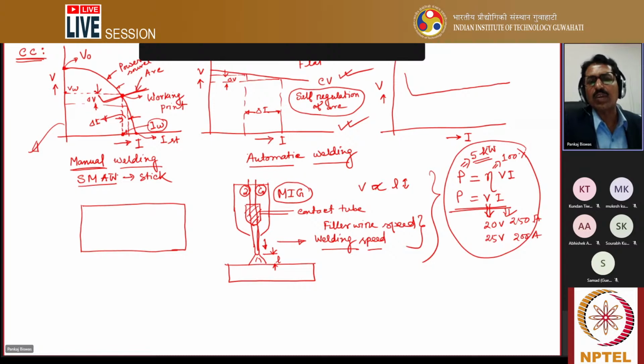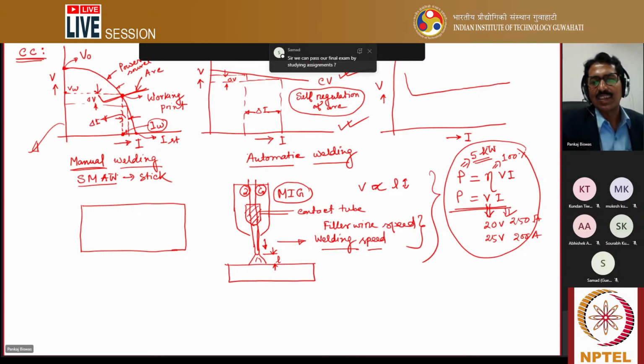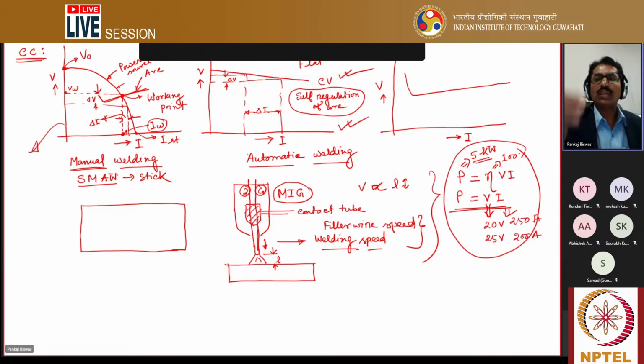Because understanding this concept will require around 2-3 lectures, whereas I am trying to show you within 10 minutes. There you will get all the information you want. So power is voltage into current, and its unit is generally what? That you know. Okay, you got my point?